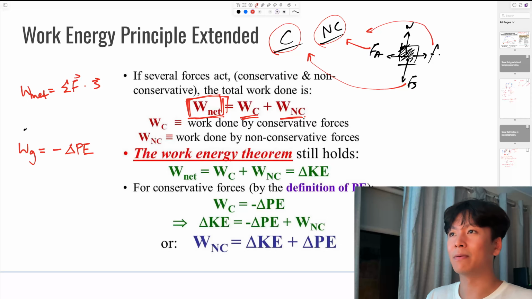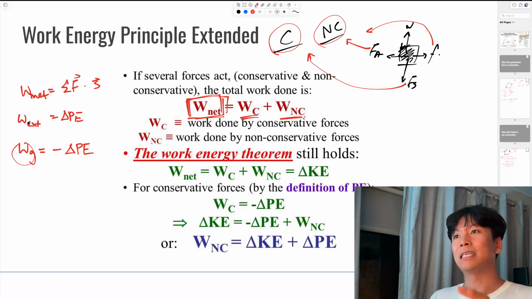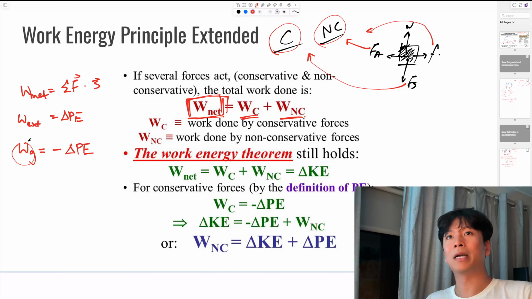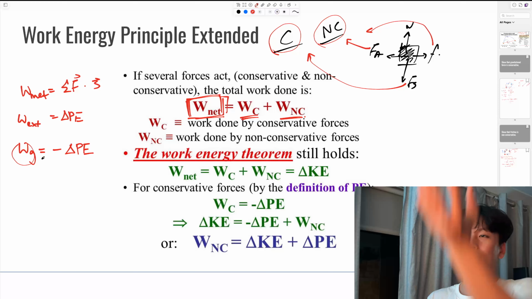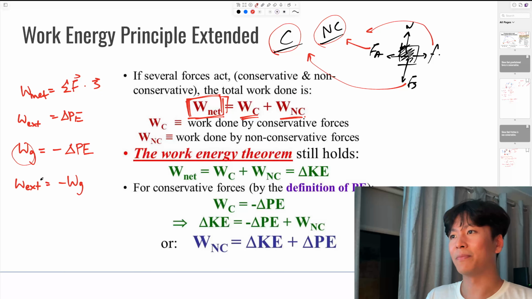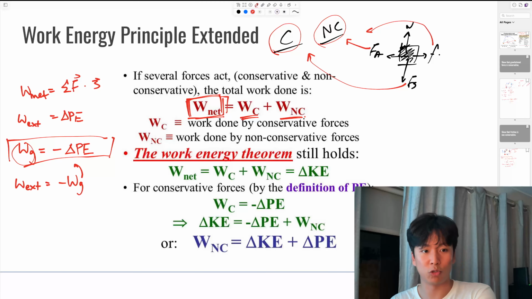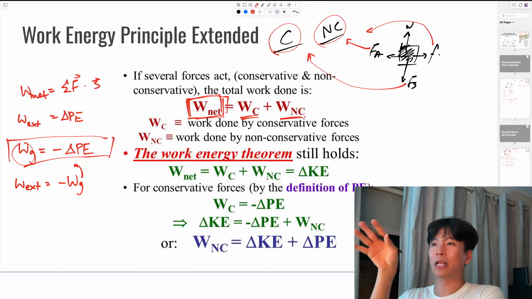Because remember, work done by an external force to lift up the object equals the change in potential. And we know that work done by gravity is opposite to the work I do to lift up the object. So work done external is equal to negative work of gravity. And so from there, we can say that work done by gravity is just negative of the change in potential. If you want to revisit that, you can go back to that concept.